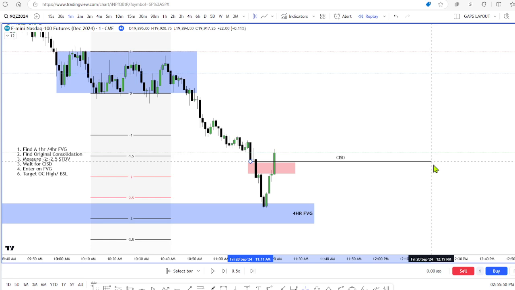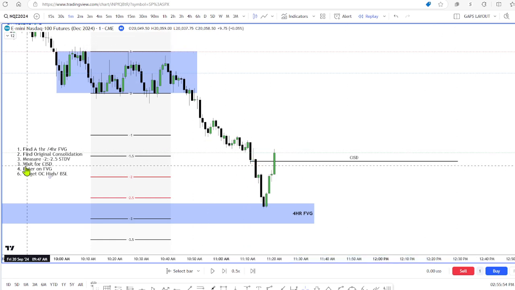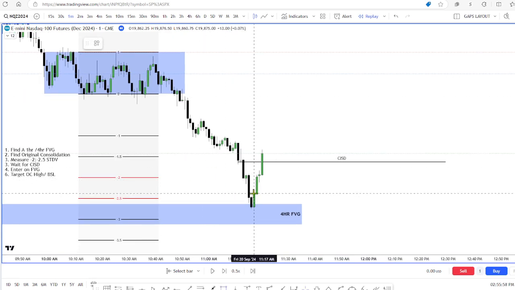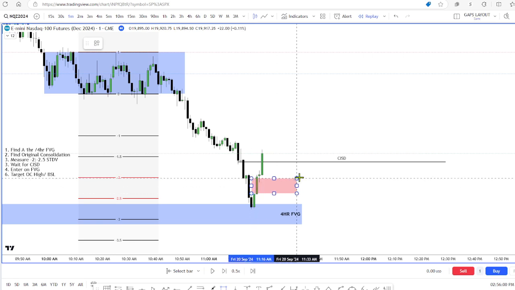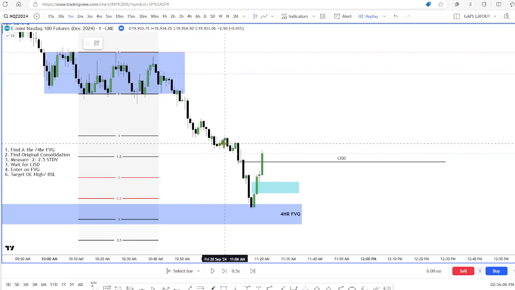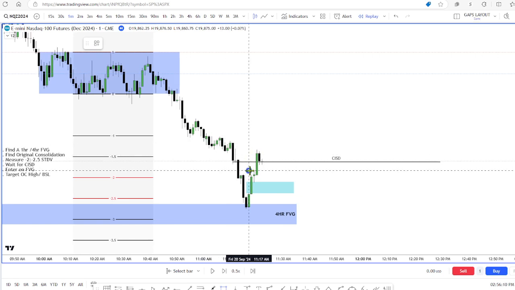Okay, so now our next step, we're going to be looking to enter off a bullish fair value gap. So we have 1 here, and we'll wait for the next candle, starting to create one just in here.